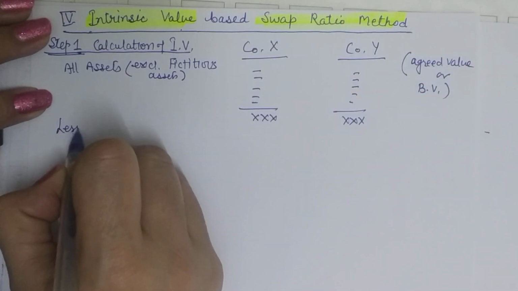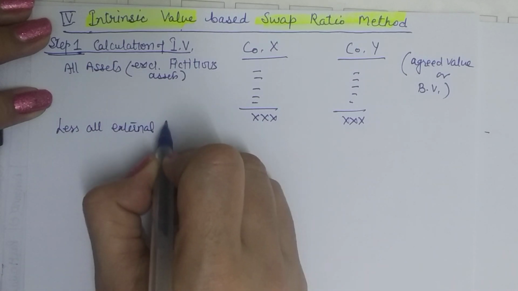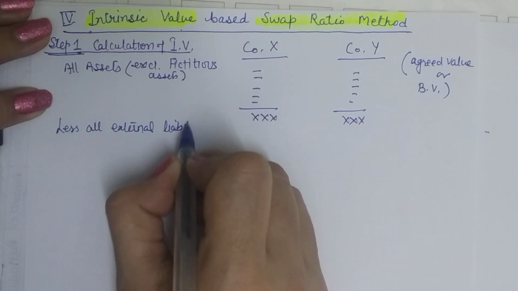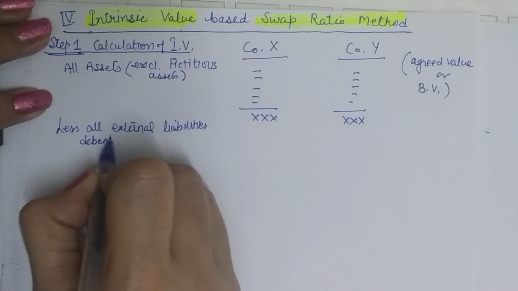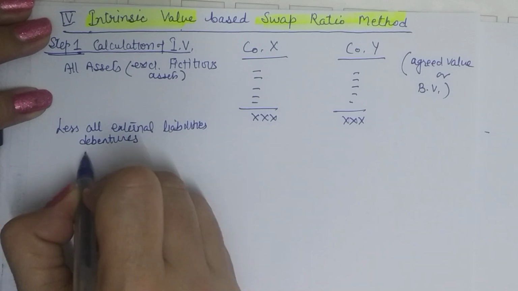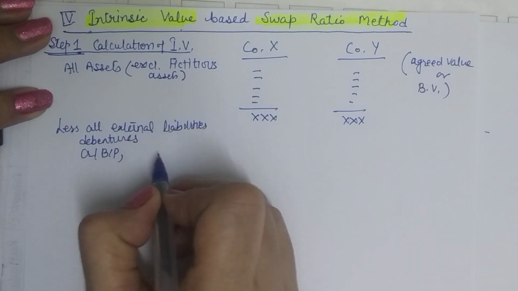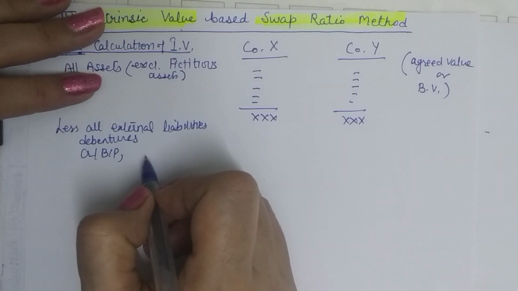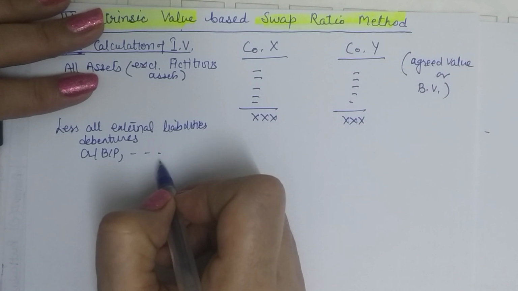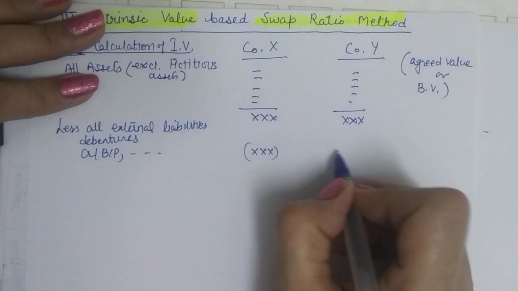Now out of the total assets that you have taken, deduct all external liabilities. It can be long-term liabilities like debentures. It can be current liabilities like creditors, bills payable, or provisions for taxes, or any kind of third party liabilities towards the employees like provident funds, compensation claims, etc. So all liabilities will be subtracted therefrom.